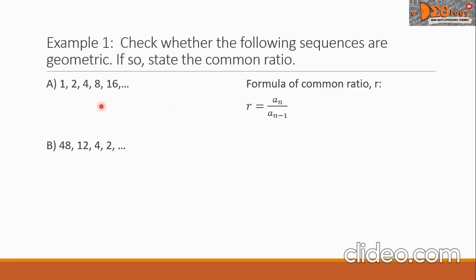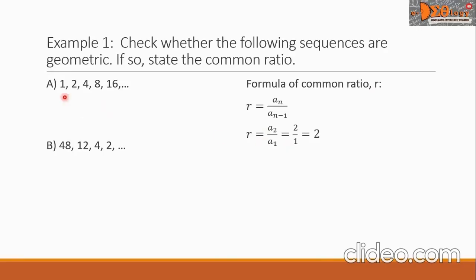Let us take two consecutive terms. Let's say R equals a sub 2 over a sub 1. So it is here. Substituting these values, we have now 2 over 1. And we have 2. This is the ratio of a sub 2 and a sub 1.